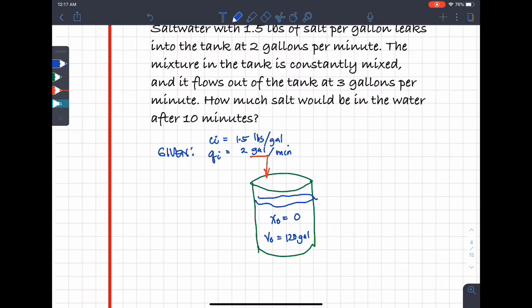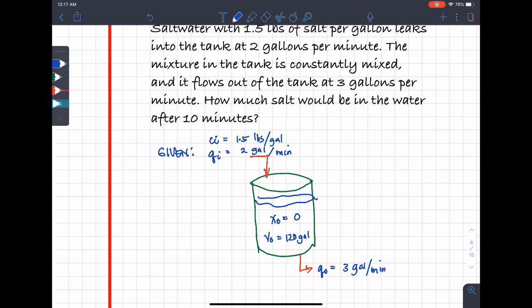But the difference this time around, on our first problem we have the same flow rate, but in this case the flow rate at the output is a bit higher. So we have the Q out, which is equal to 3 gallons per minute. As you can see here, the input flow rate is 2 gallons per minute, and then the output flow rate is 3 gallons per minute.